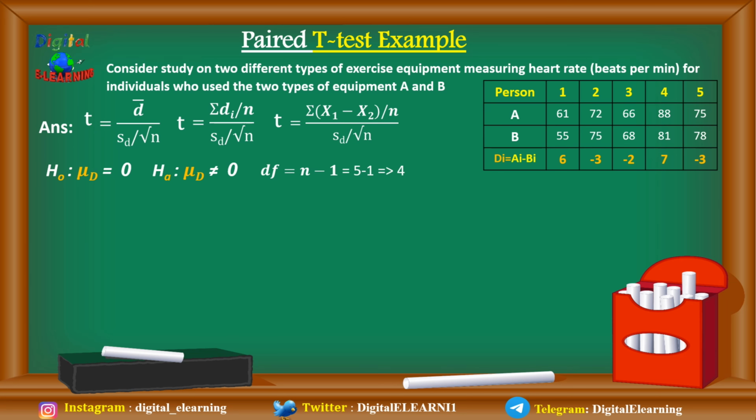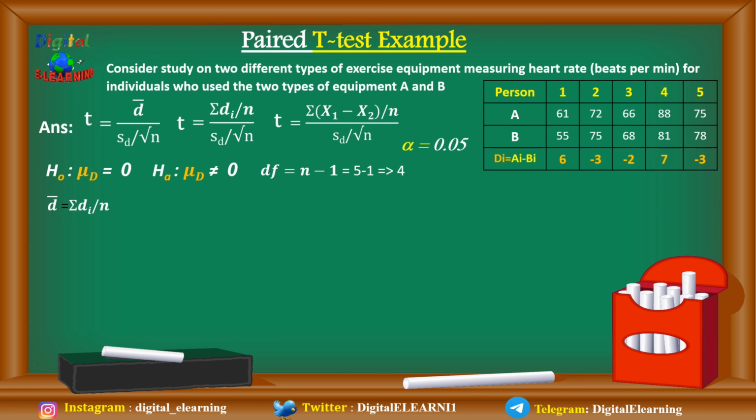I told you that for a paired t-test, it's the same persons under two different conditions, circumstances, or time points. Degrees of freedom is n minus 1. We have 5 persons, so 5 minus 1 comes to 4. Take alpha, or level of significance, as 0.05.